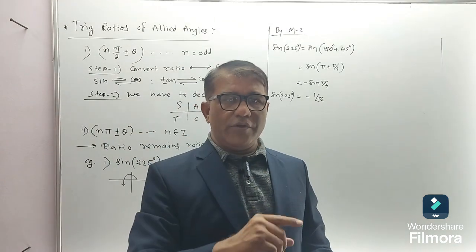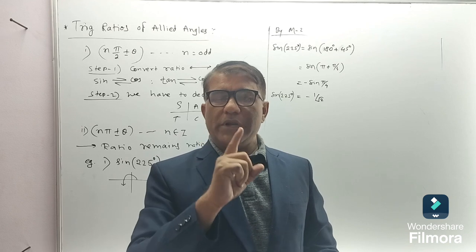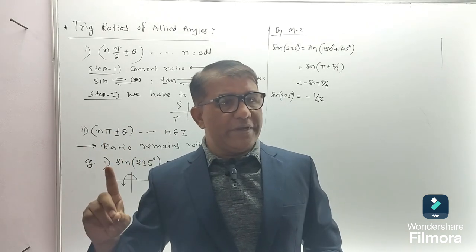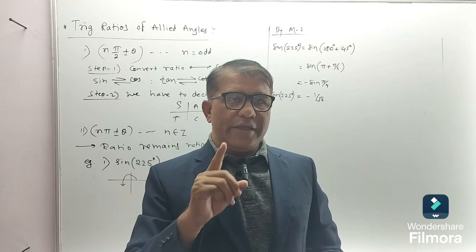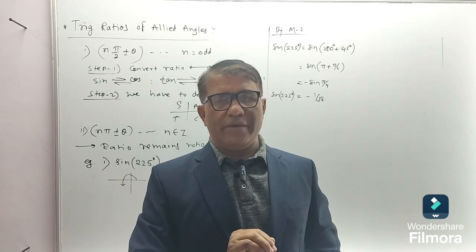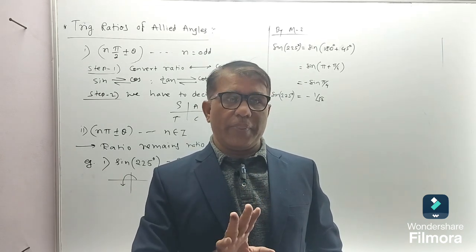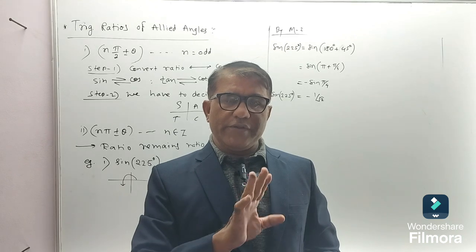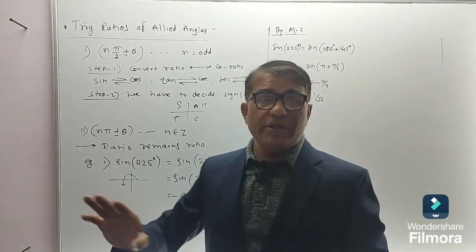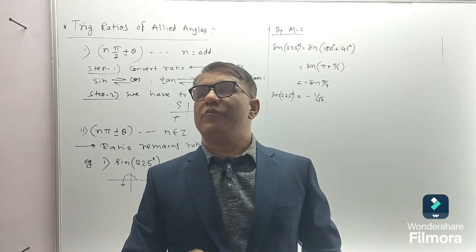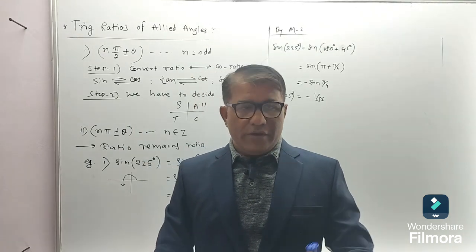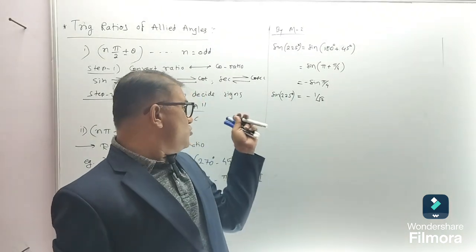If you have an odd multiple of 90, then you have to change ratio to co-ratio. And if it is a multiple of 180, any multiple, even or odd, then no need to change ratio to co-ratio. And for sign convention, you can go for this rule, all STC.